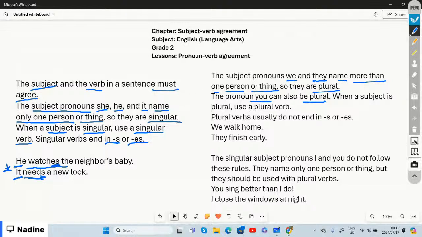So when the subject is plural, and we refer to more than one person, more than one thing, and we either use the word we or they or even you, then our plural verb usually does not end with an s or es.